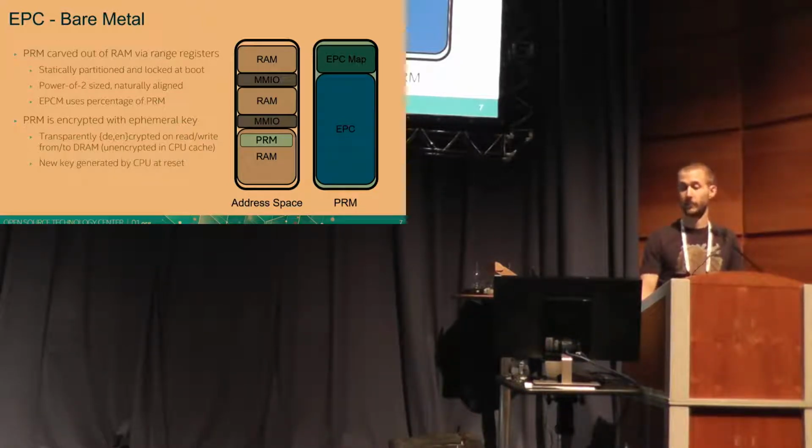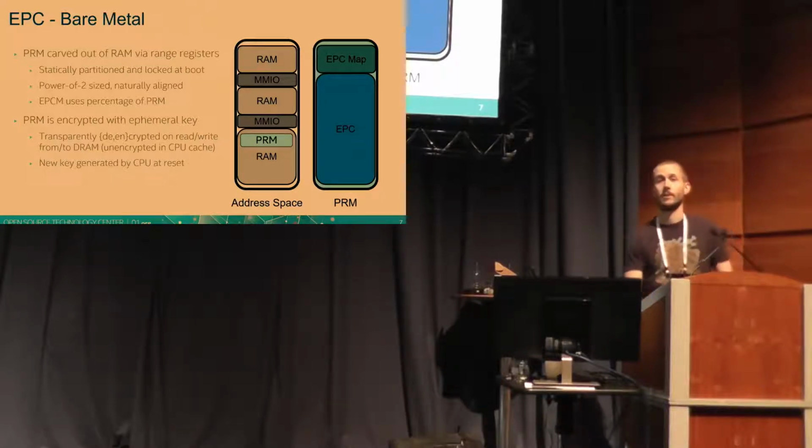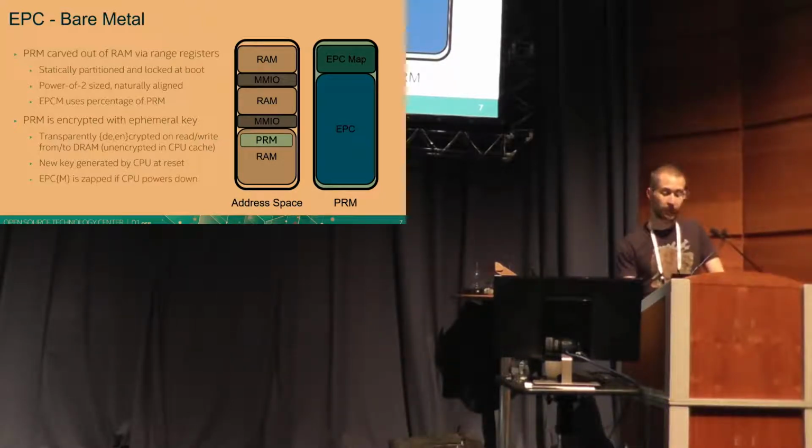Again, that key is generated at CPU reset. This has some unfortunate side effects. This means if the CPU powers down, so we go into S3, or you just restart your machine, the EPC and the EPC map go away. And that has noticeable side effects because the EPC map, if you remember back to the access permissions, does checks on the page permissions.